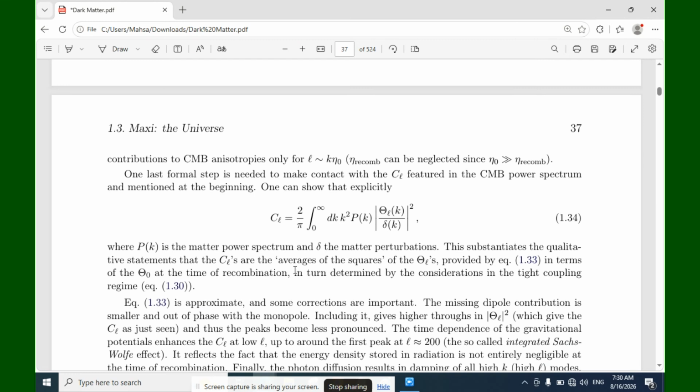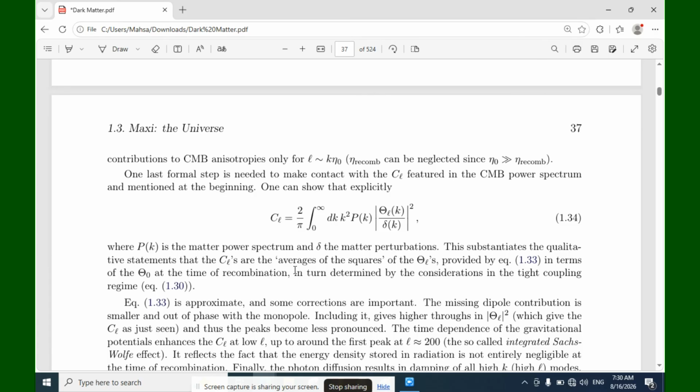One last formal step is needed to make contact with the C_l featured in the cosmic microwave background power spectrum mentioned at the beginning. One can show that explicitly C_l is equal to 2 divided by pi, the integral from 0 to infinity dk, k squared P(k) times the absolute value of theta_l(k) divided by delta(k) squared, where P(k) is the matter power spectrum and delta the matter perturbations.